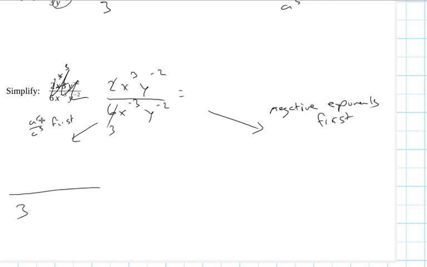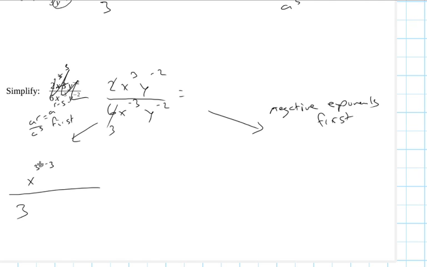When we do this, a to the r over a to the s is a to the r minus s. This is in the numerator because there is no denominator being written there. So that's why when I'm writing my fraction here, I'm going to write this x to the 3 minus negative 3 in the numerator. And I am actually writing it as 3 minus negative 3. It's this number minus that number.